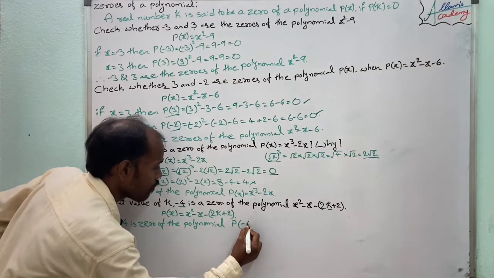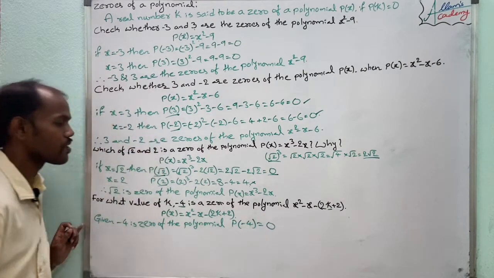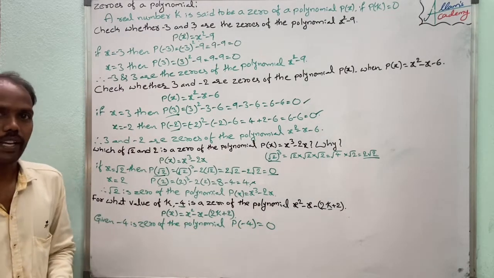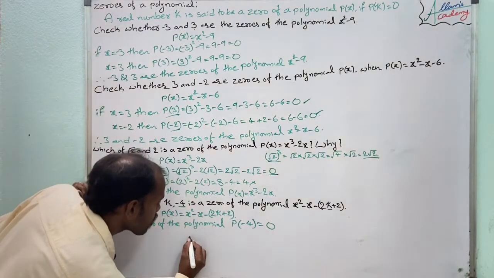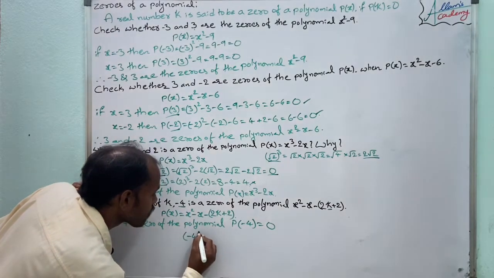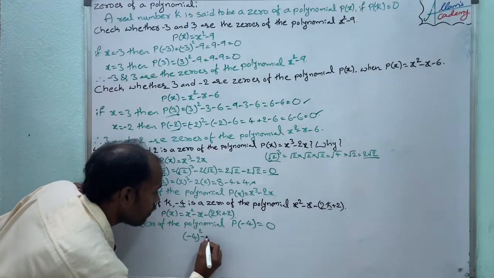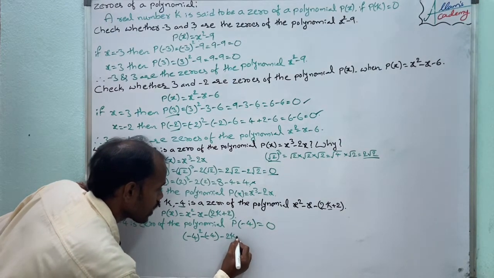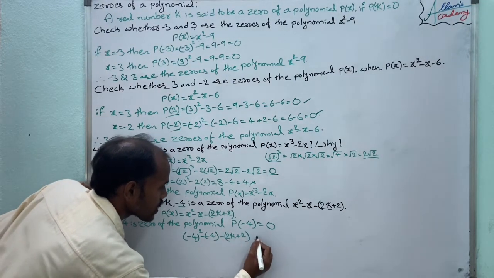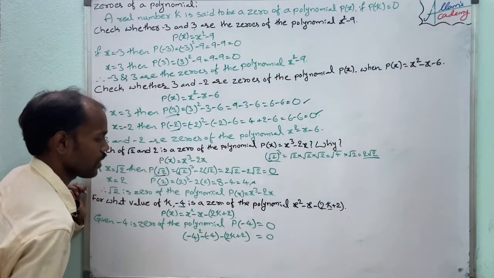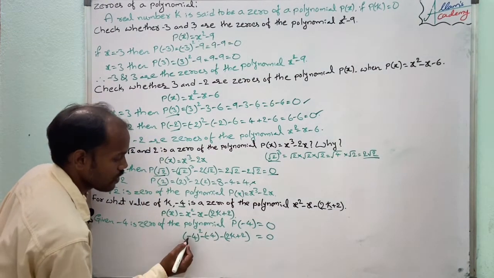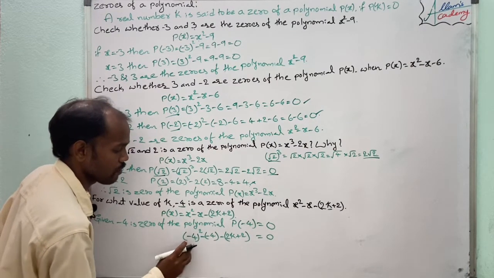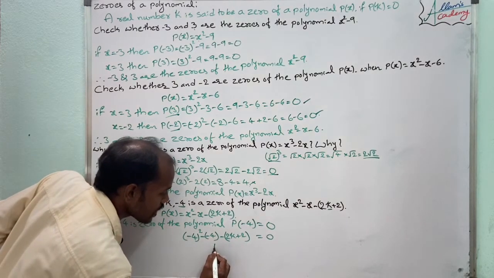So p of minus 4 equal to 0. So in the place of x now we substitute minus 4. So (minus 4) whole square minus (minus 4) minus (2k plus 2) is equal to 0. Now (minus 4) whole square, the exponent is an even number, so we get a positive symbol only. 4 square equal to 16.